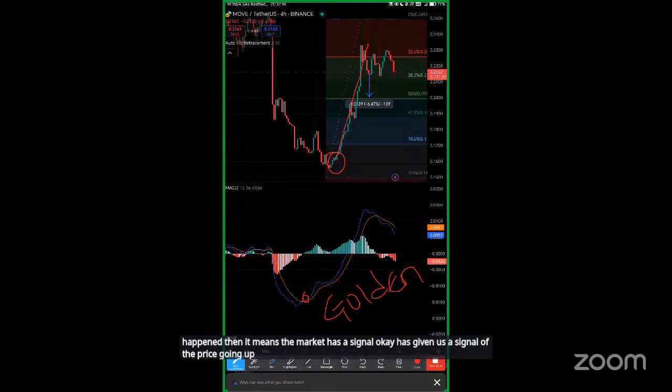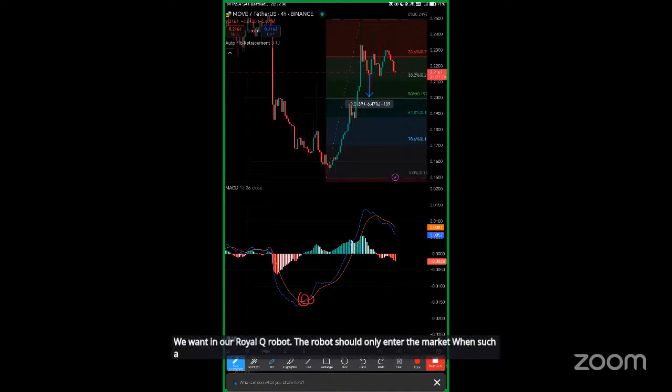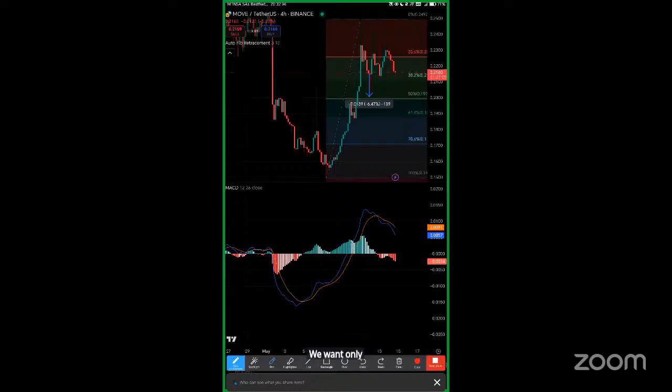So why are we looking at this? In our RoyalQ robot, the robot should only enter the market when such a thing has happened. Are you getting it? We want to enter the market with our RoyalQ robot only when the MACD has formed a golden cross.